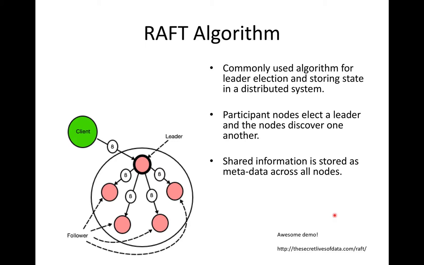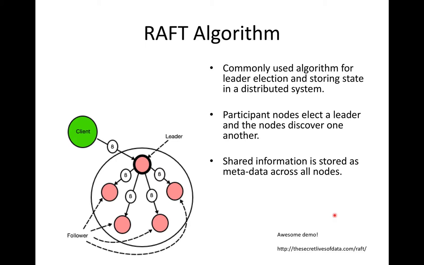With the RAFT algorithm, essentially what's happening is you have a group of nodes, and this group of nodes will elect a leader node, and the leader node controls what values are going to be stored within that cluster of nodes, and it controls many of the synchronization processes.